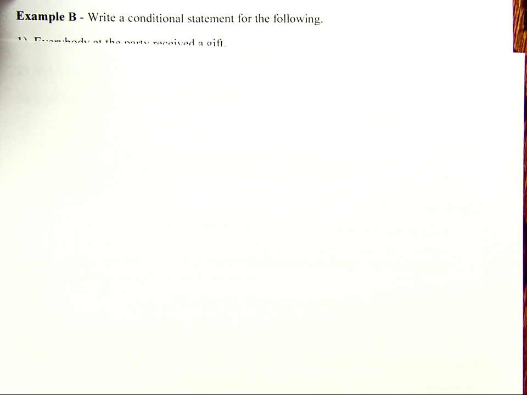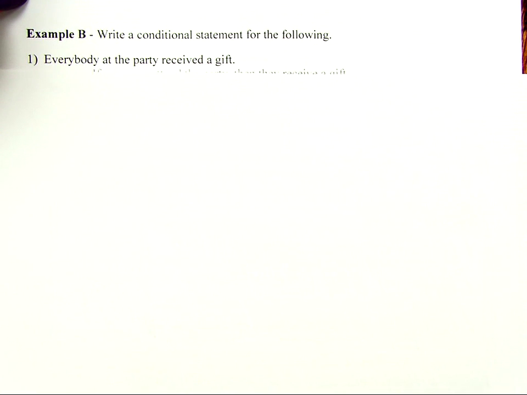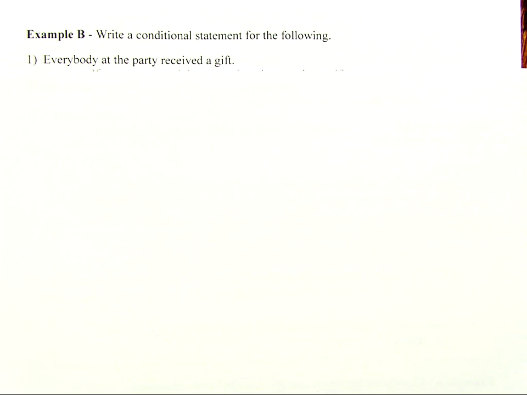In example B, we are going to practice writing some conditionals. And if you take a look at number 1, it says that everybody at the party received a gift. How can we turn that into an if-then statement?